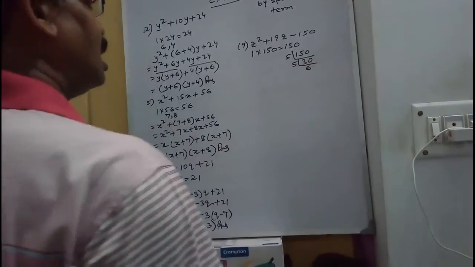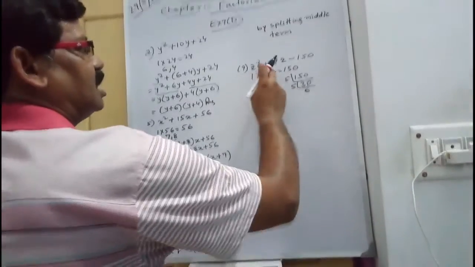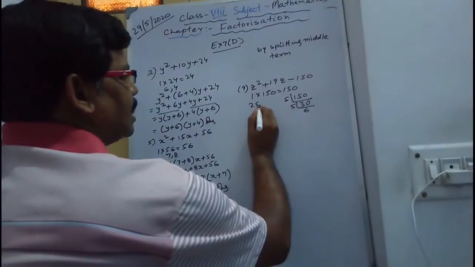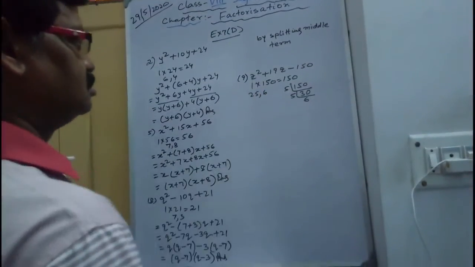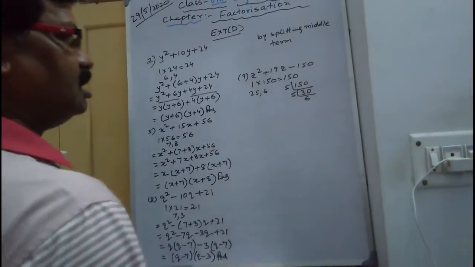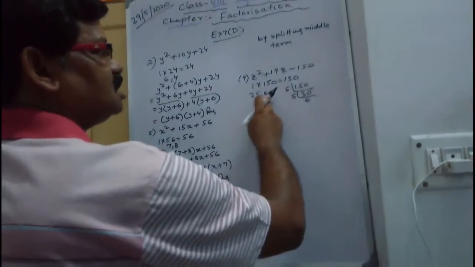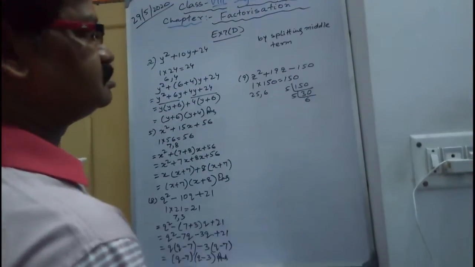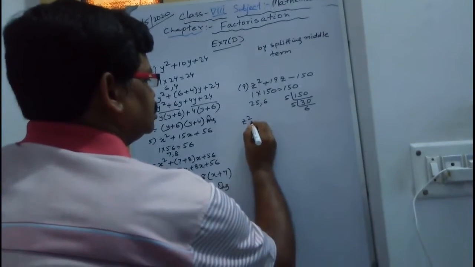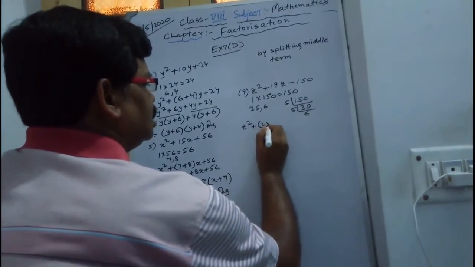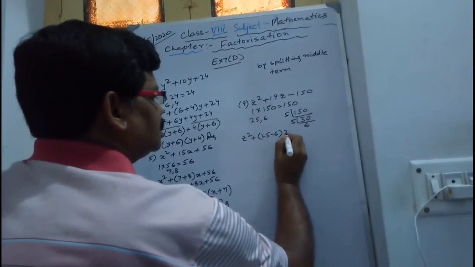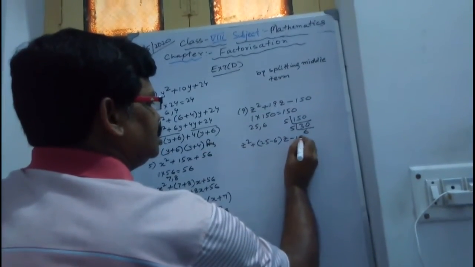As we have to make 19, so 25 and 6, 25 minus 6 is equal to 19, 25 into 6 is equal to 150. Now z square plus (25 minus 6) z minus 150.